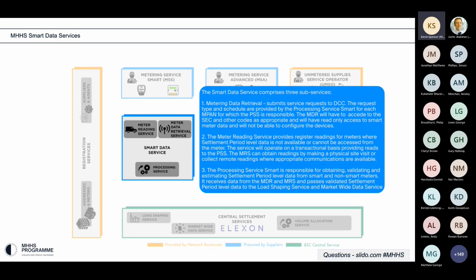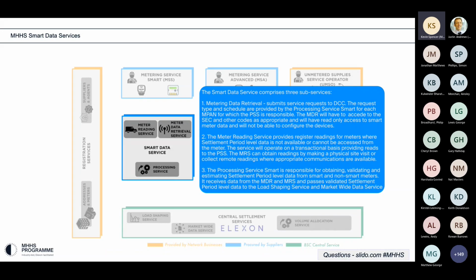It's got the meter data retrieval service, and that is the service that interacts directly via the data and communications company to access the half-hourly data and other data from the smart meter. We said that any of these services can be performed by the supplier himself if he so wishes, or he can buy these services in on a commercial basis.